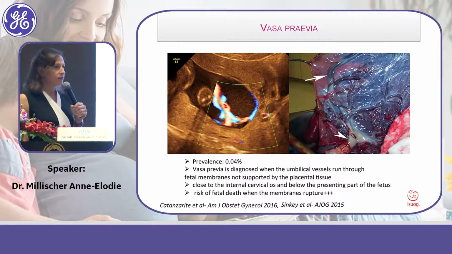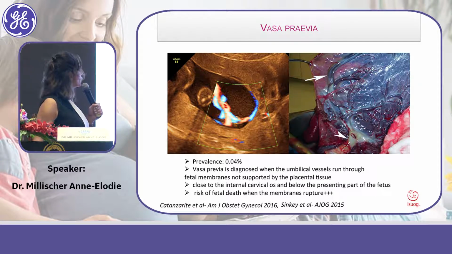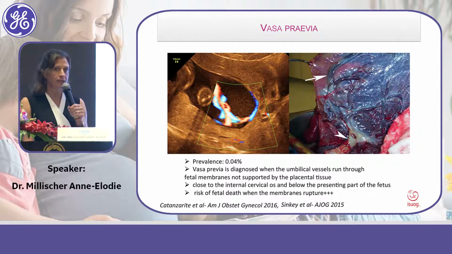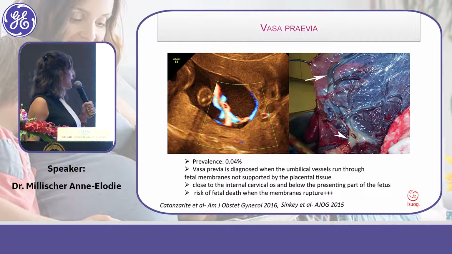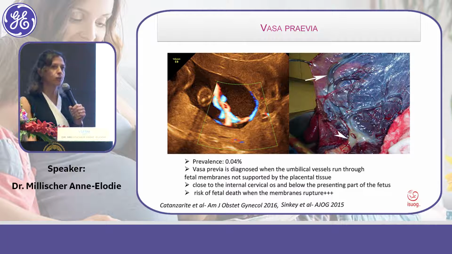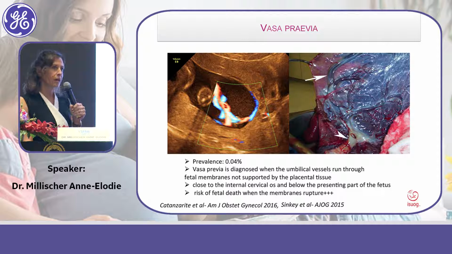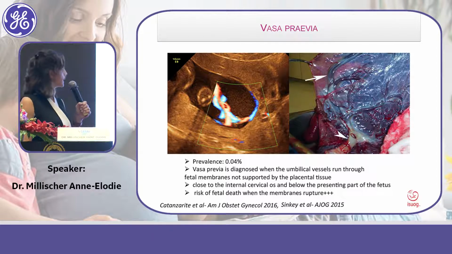The vasa previa, it is definitely the most important point that we have to look for when there is a low inserted placenta. And it is why you have to put systematically the Doppler when you measure the cervix, just to be sure that there's no vessels just in front of the internal orifice.